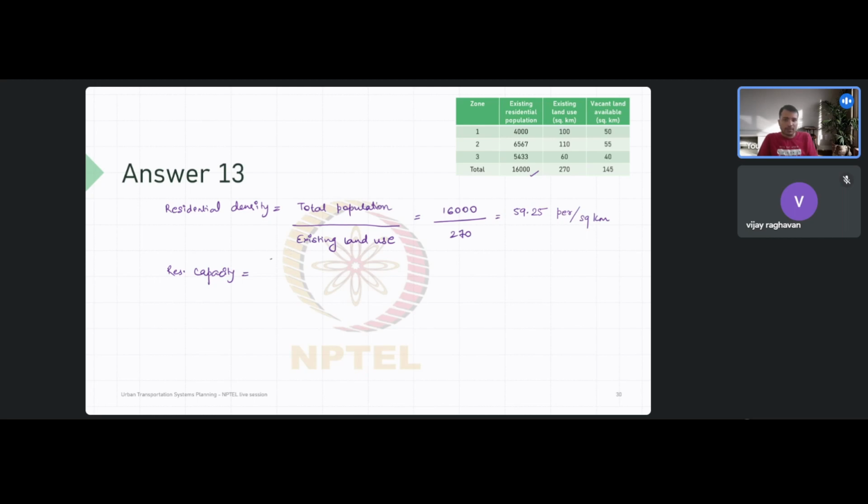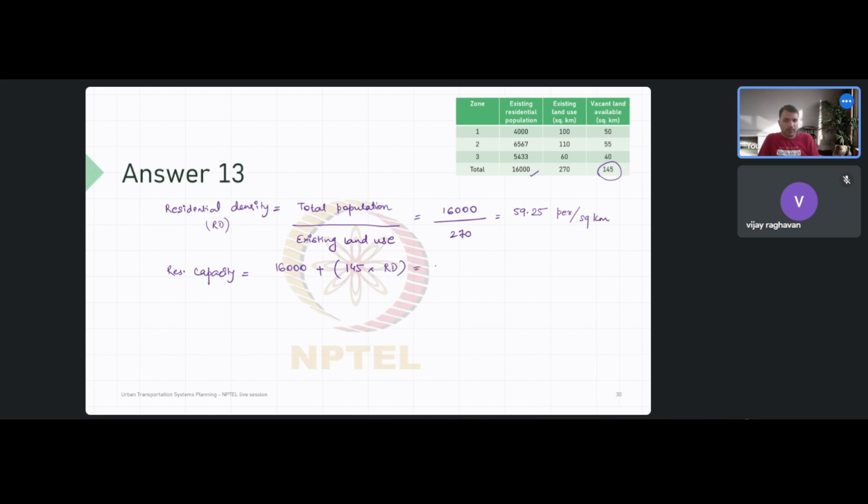What will be the capacity? Presently 16,000 people are living. How many more can live? We have 145 vacant area. So that will be 145 into RD. RD is the residential density. If this many people can live per unit square, then if we have some vacant land, this many people we can accommodate there also.